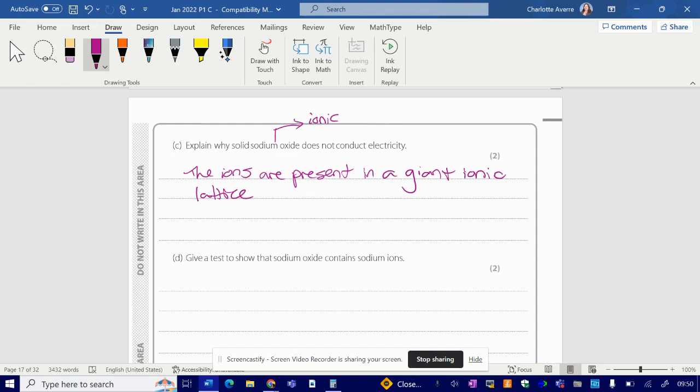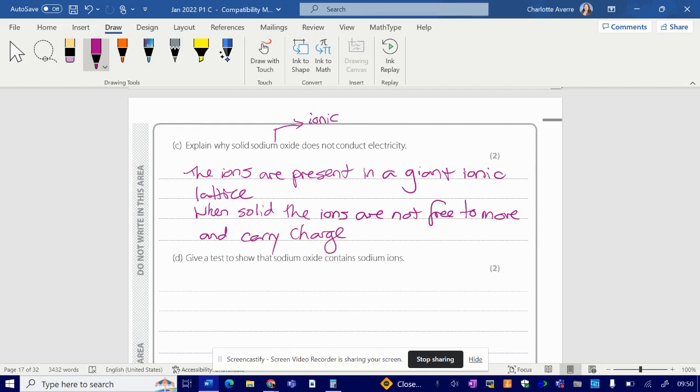And one of the things about giant ionic lattices is they do not conduct when they are solid, and the reason for that is when solid, the ions are not free to move and carry charge. Which means they can't conduct electricity.